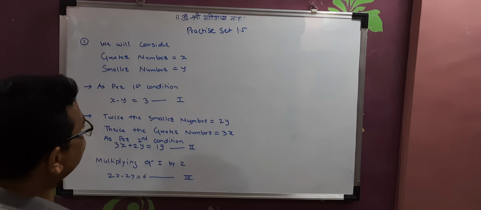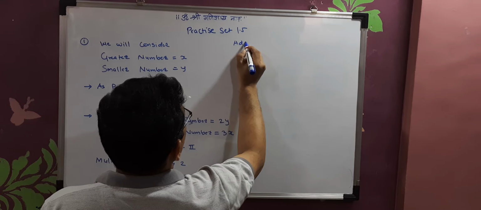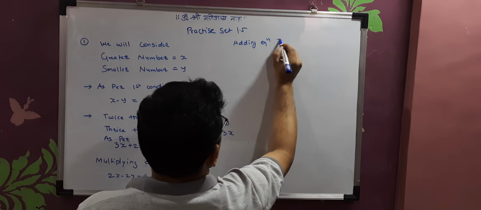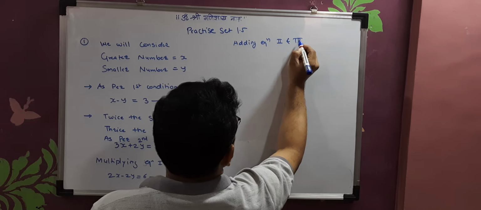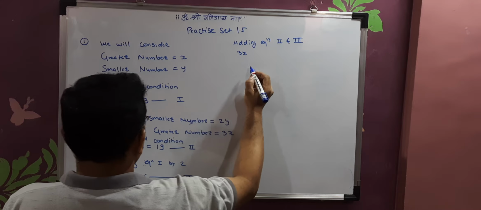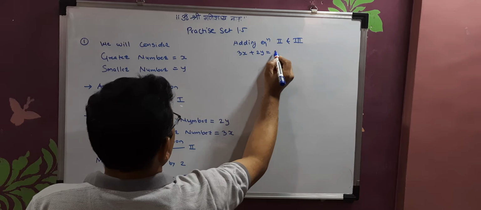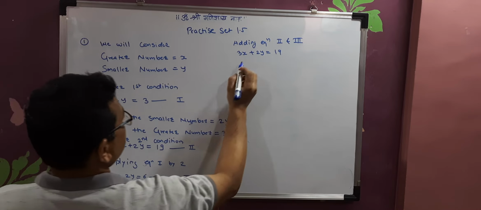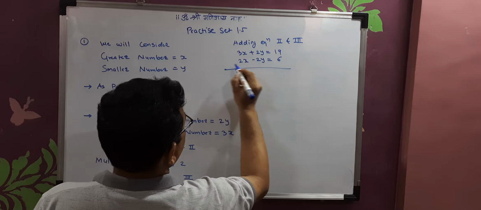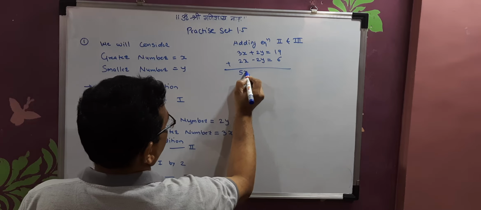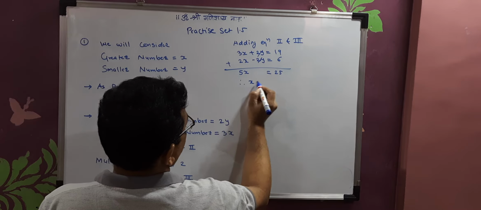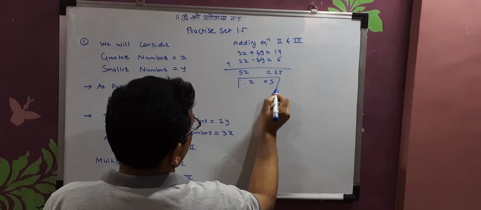Adding 3x plus 2y is equal to 19 and 2x minus 2y is equal to 6: 3x plus 2x is 5x, the plus 2y minus 2y gets cancelled, and 19 plus 6 is 25. So x is equal to 5.